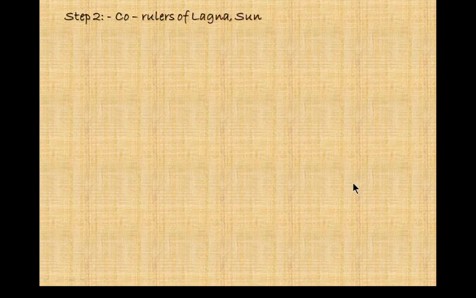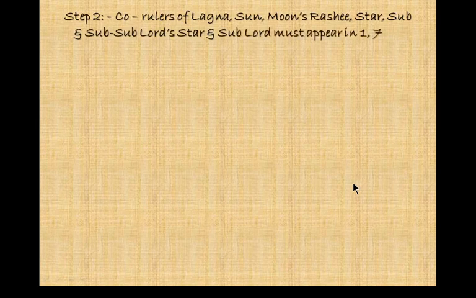Let's move to step number 2, that is co-rulers of Lagna, Sun, Moon's Rashi, star, sub and sub-sublord. Star and sublord must appear in 1, 7 and 10. Why 1, 7 and 10?